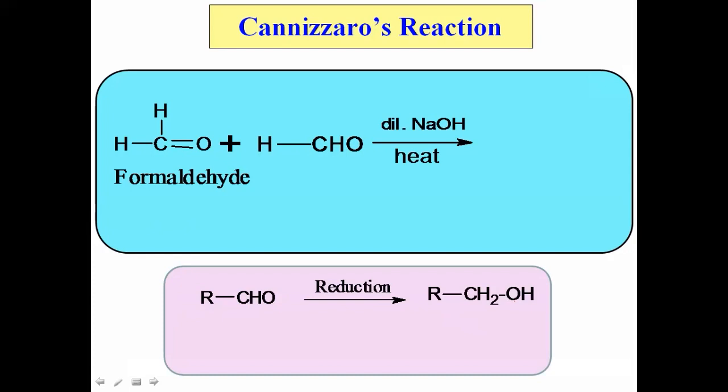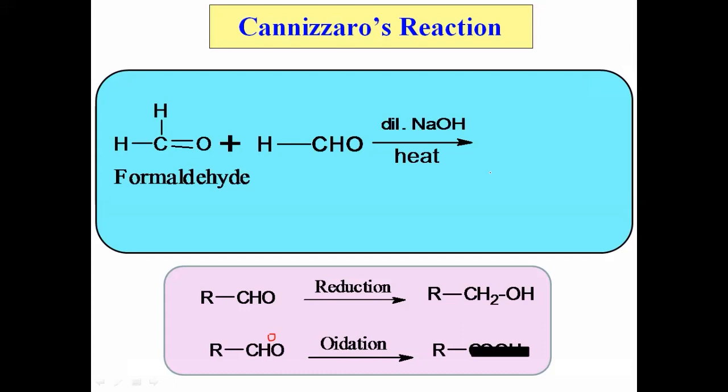Now what about oxidation? On oxidation, addition of oxygen takes place. One oxygen is added to the CHO group, and we know that the aldehyde group on oxidation gives COOH. It converts into carboxylic acid. This is the general reaction.